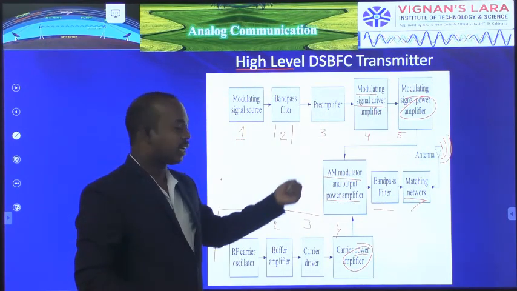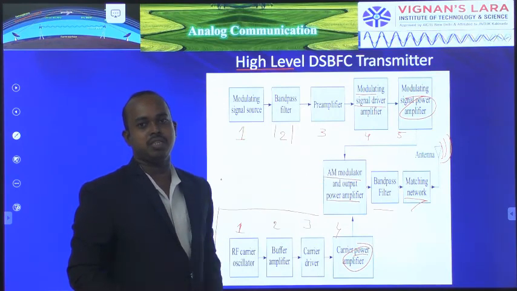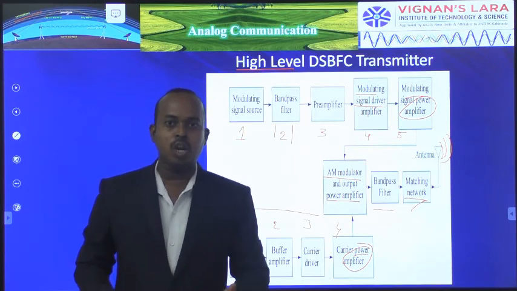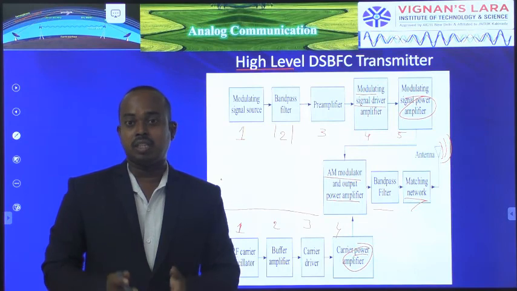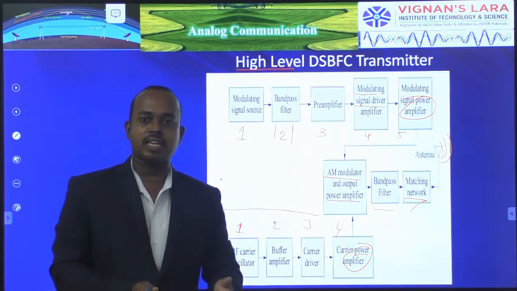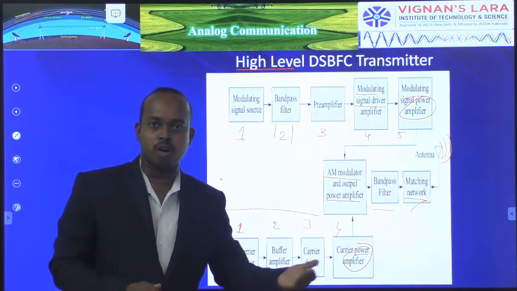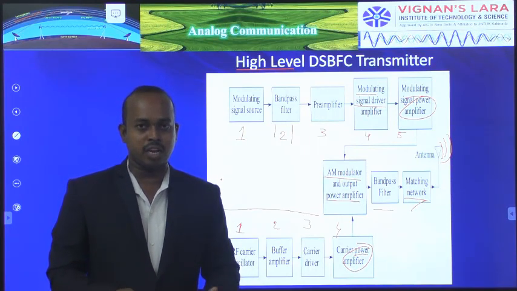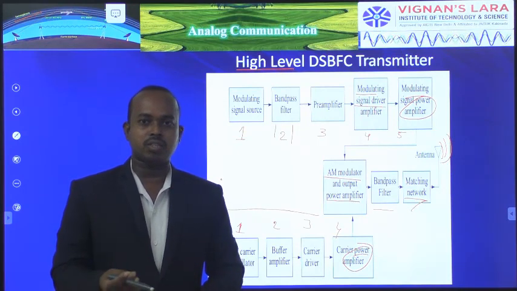This is the complete block diagram of the high level AM DSBFC transmitter. We can see that low level and high level are on the same block diagram, but the difference is that in the high level category we include the power amplifiers in the position of the modulating signal as well as the carrier signal. That is the only difference we can identify between these two categories. The remaining things we will discuss later.